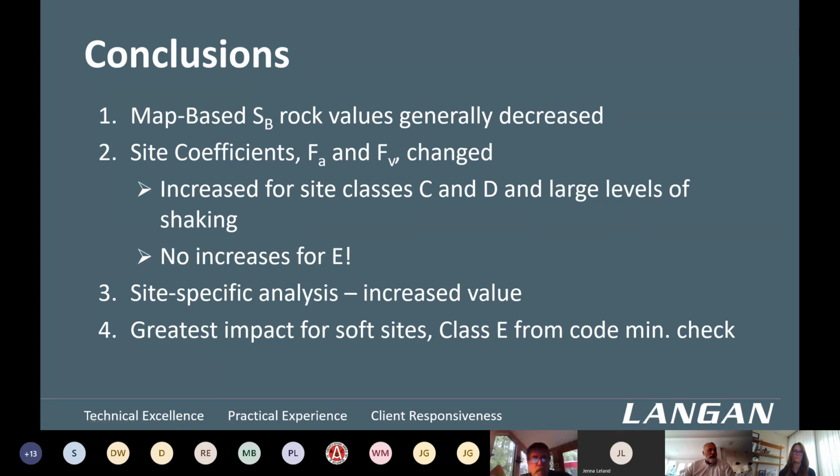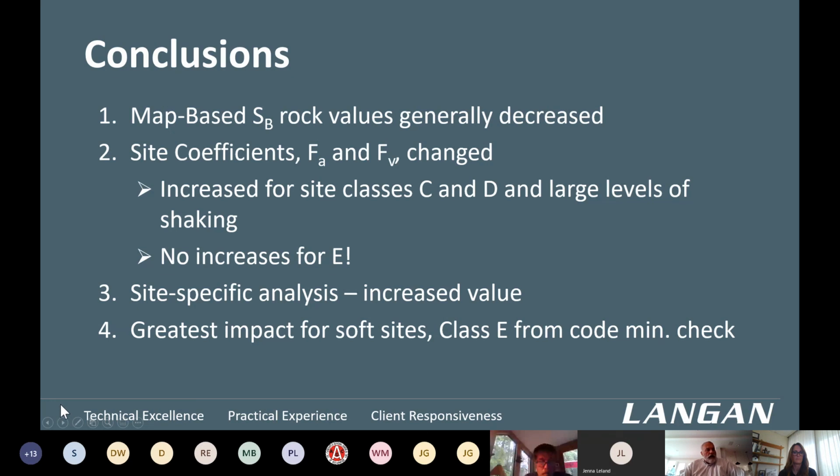This is not a completely correct statement. We don't even have factors for class B. We have to do site-specific for these site classes. So if we do site-specific, at least in the one example I showed, there is for sure an increased value.